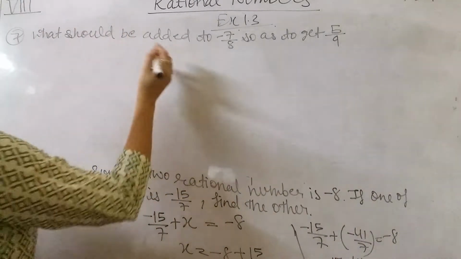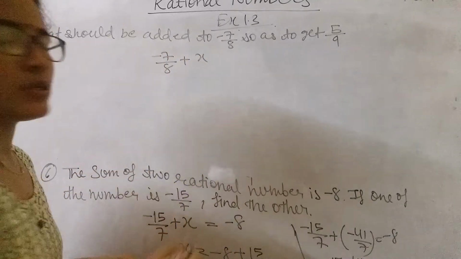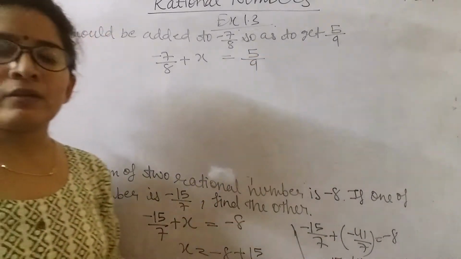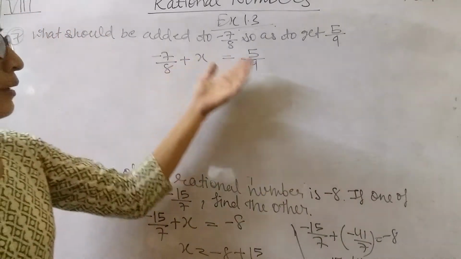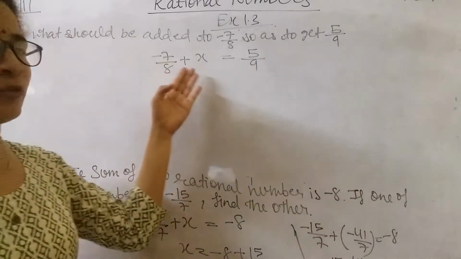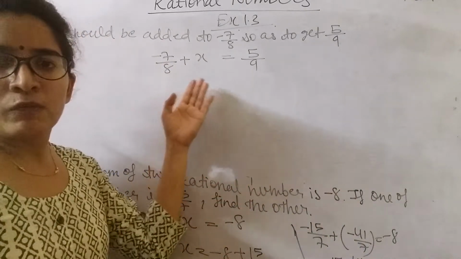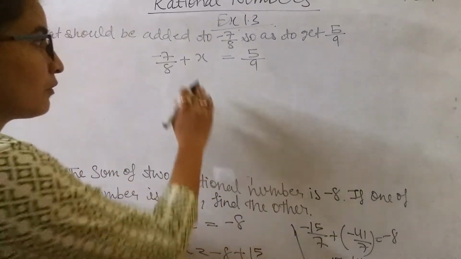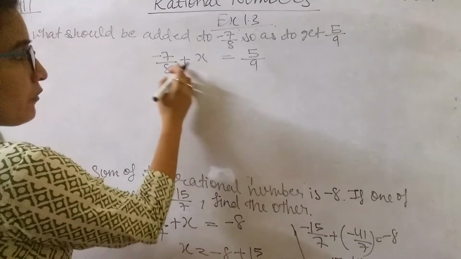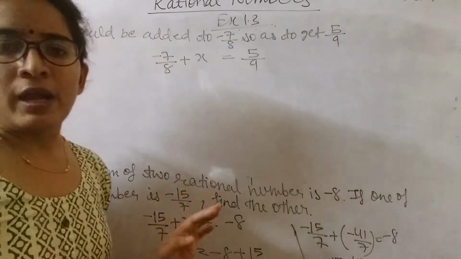So suppose we add x to minus 7 upon 8 to get 5 by 9, because it is given that the total of two numbers is 5 by 9, and the first number is minus 7 upon 8, so what should be the second number? So we let the second number be x, and the equation will be minus 7 upon 8 plus x equals 5 upon 9.